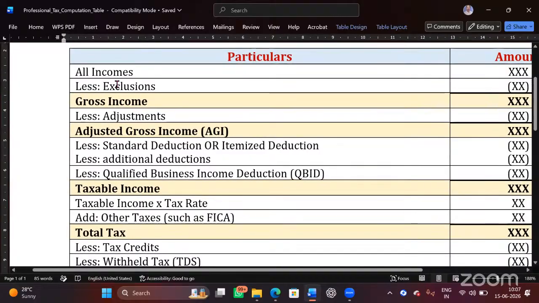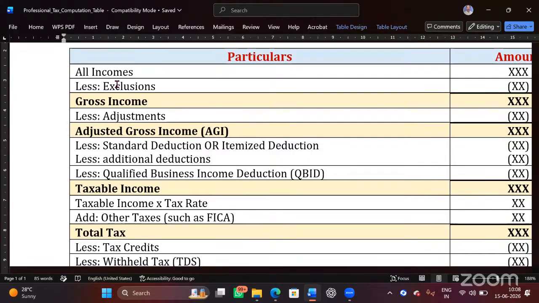In our overview, less adjustments, refer Schedule number 1, on which part you need not pay tax at all. Then the balance amount is technically called adjusted gross income. From that adjusted gross income, again so many other deductions are allowed.